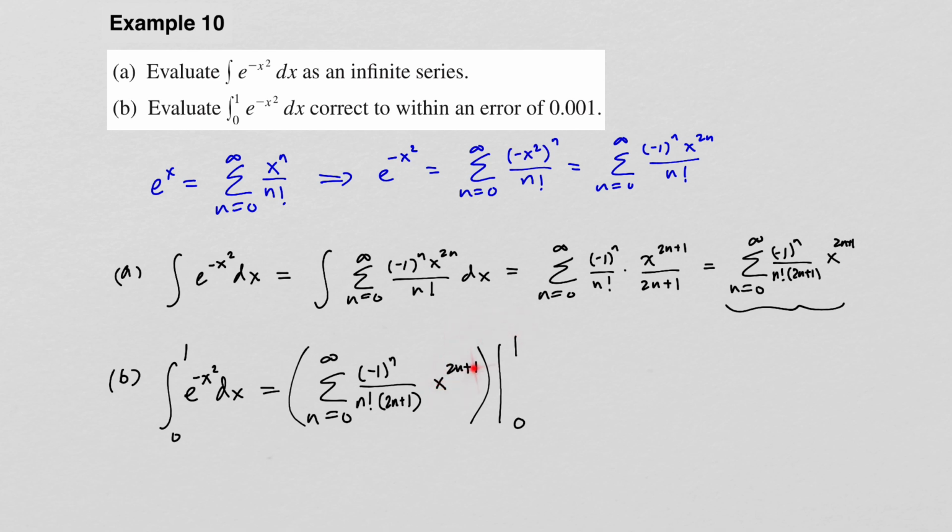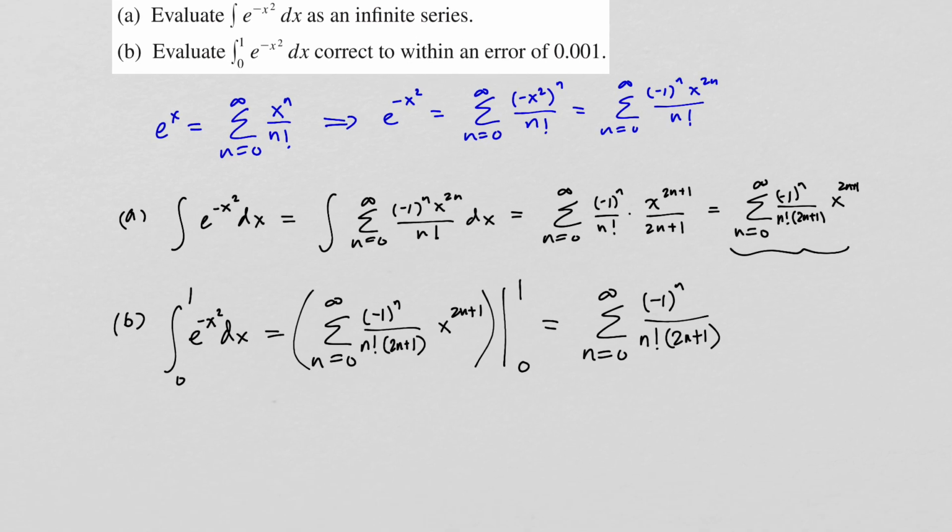If you put 1 in here, this is going to go away, and you'll just get this. And then minus, you need to plug in 0. Of course, when you plug in 0, you get 0. So we only need to plug in 1. So we're going to have the sum from n equals 0 to infinity of negative 1 to the n, divided by n factorial times 2n plus 1.